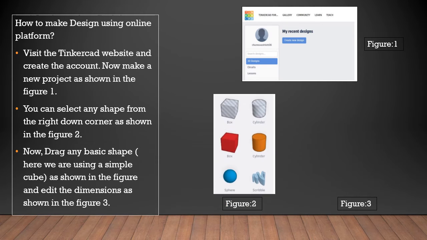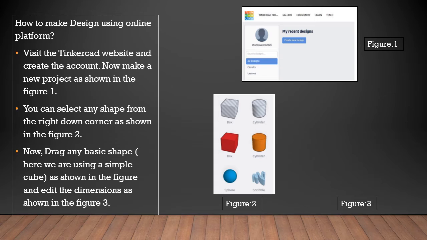So basically you can select different objects, like these basic shapes which are available, shown in figure 2. Now some of you might ask, these are only box, cylinder, these different shapes, but how about if we want to create something like a keychain or a different complex geometry?